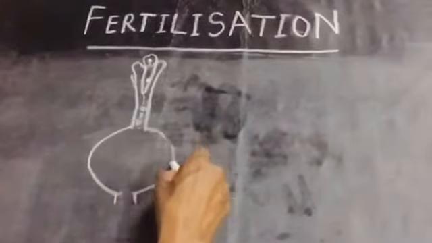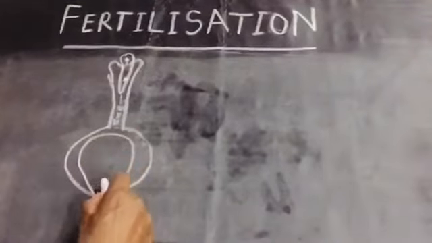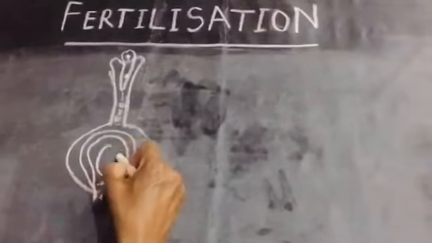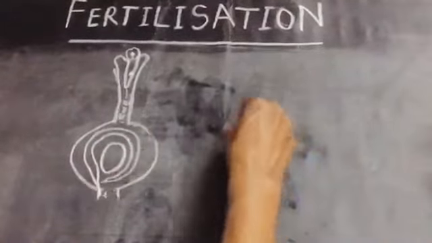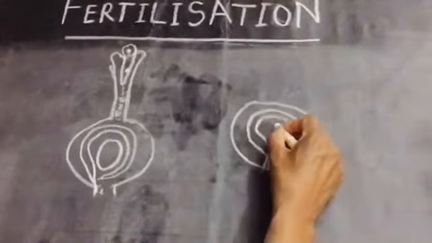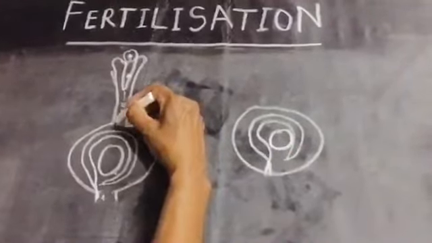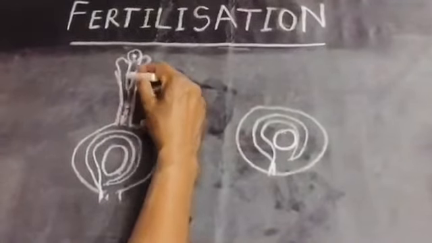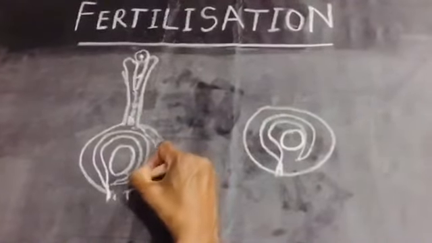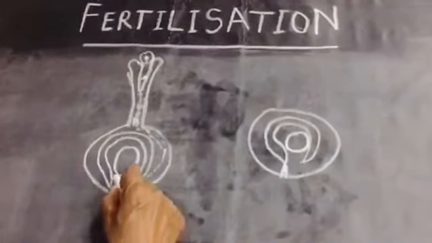Now, what is the swollen part? Ovary. Inside the ovary, what is present? This is the ovule. Now, inside the ovule, embryo sac. Okay. Inside the ovary, ovule. Inside the ovule, embryo sac. Now, look here. The pollen tube is bringing the male nucleus downwards through the style, through the ovary. It reaches the ovule and enters the ovule through the micropylar region.